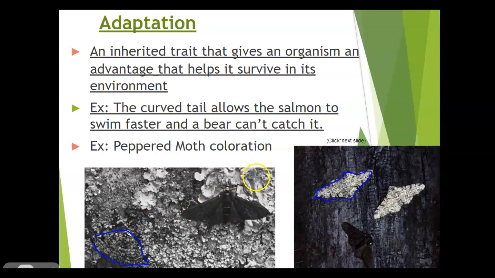Well, in the 1940s, during the Industrial Revolution, as more pollution and carbon dioxide got into the air, the plants got covered with black smoke or soot. And all of a sudden, all these trees went from being whitish and greenish to being very, very dark. And all of a sudden, the peppered moths that once had a very good camouflage, their environment changed.